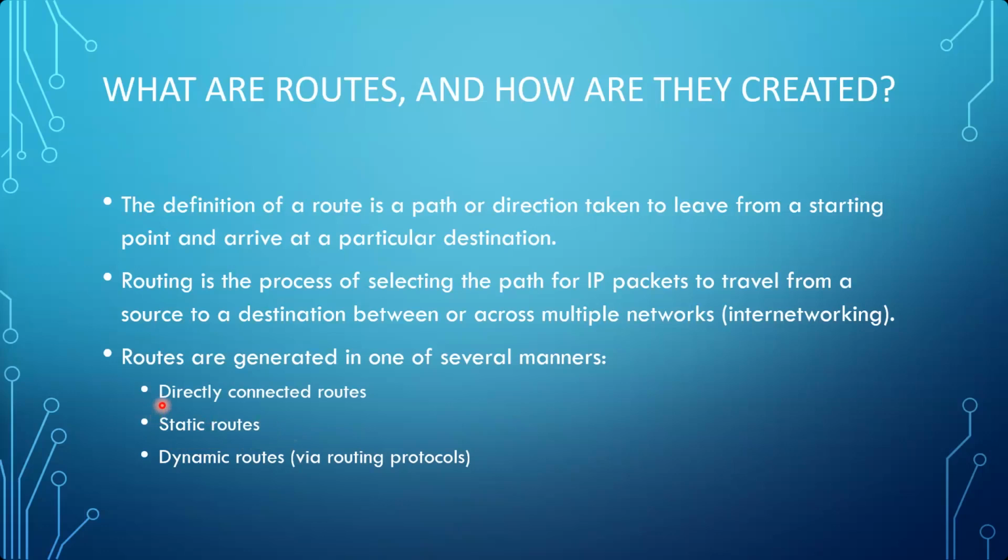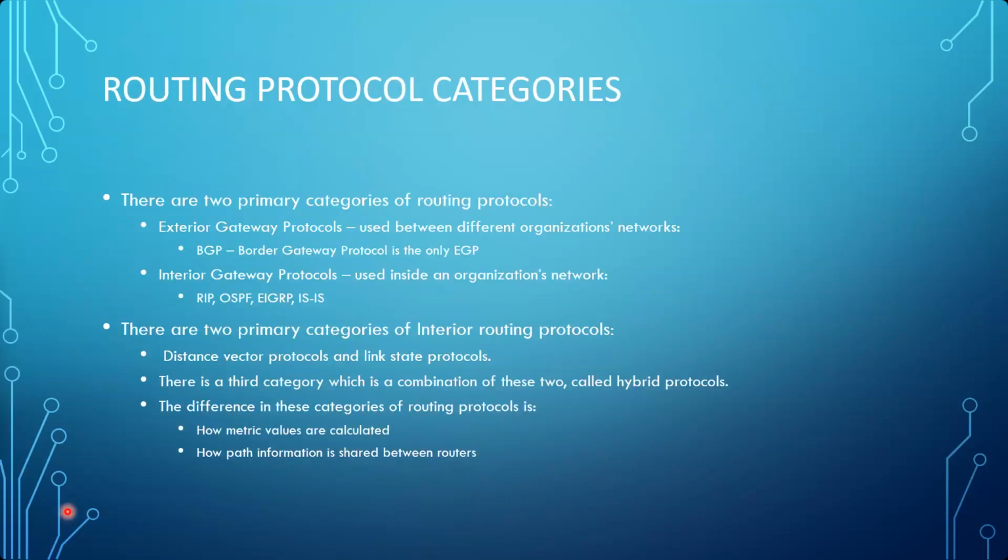But your router also, the moment you configure, let's say, your router to have a particular IP address on one interface, that router joins that network, and that's known as a directly connected route. So 3 ways: directly connected routes, static configuration by you, and dynamic updates.